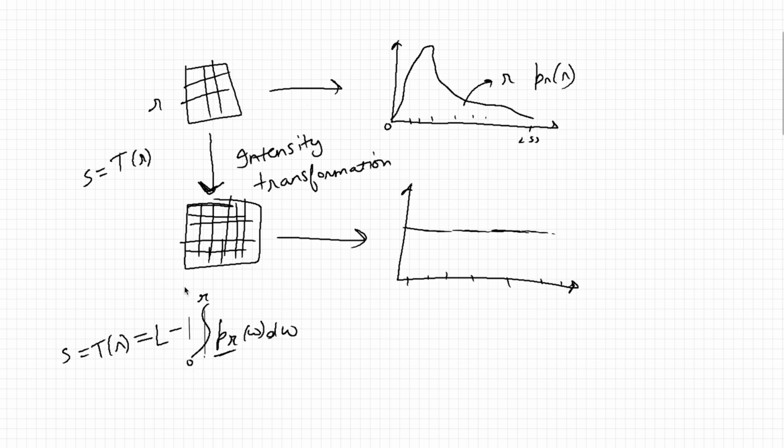Given this, we calculate S using the transformation function T of R, which is L minus 1 times the integration from 0 to R of P of R of W dW, where W is just the dummy variable of integration.